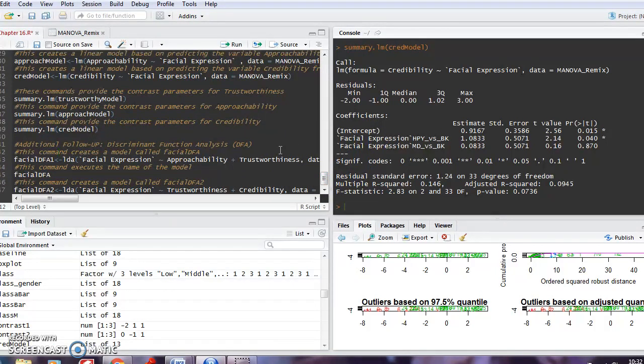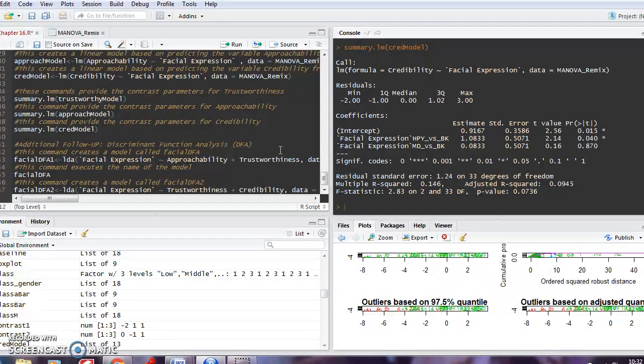Anyways, now that we have followed up with our contrasts, our ANOVAs, the next thing that we're going to want to do is our discriminant function analysis, or our DFA. You can essentially use these after MANOVA to see how the dependent variables discriminate the groups.